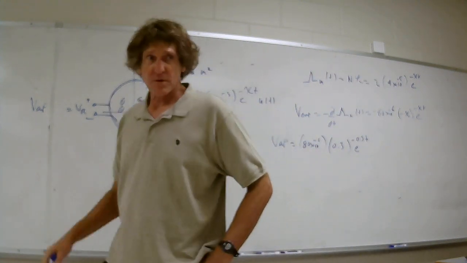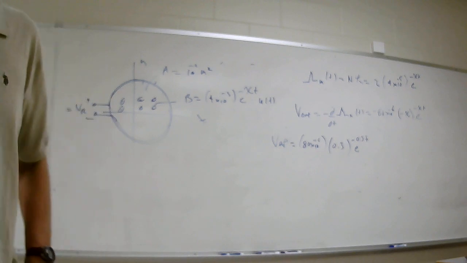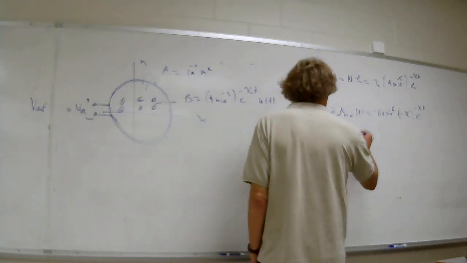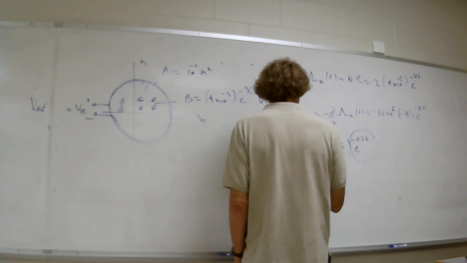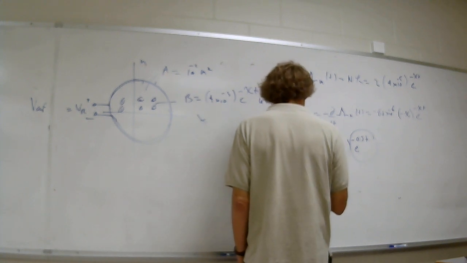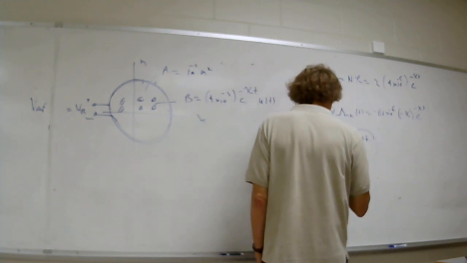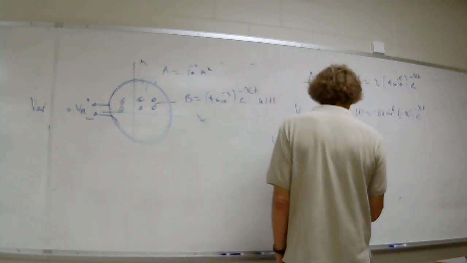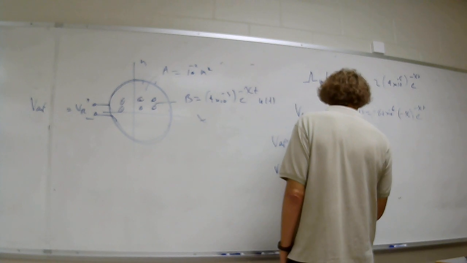And they ask for what times again? 1, 10, and 100. Let's get it for 1. Obviously, the only thing that's going to change is this. So VEMF for t equal 1 is going to be 1 times 3 times 10 to the minus 1. So that's 240, right?